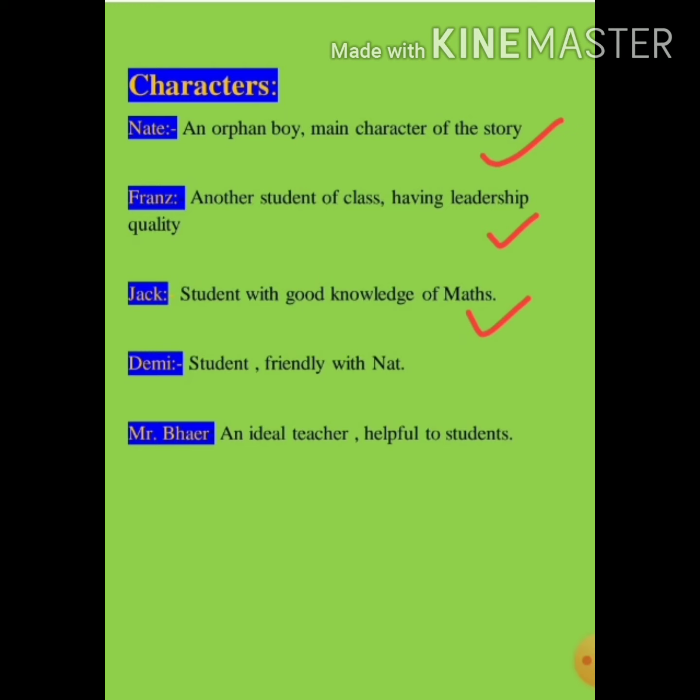Demi is one of the friends of Nat. Okay, the last one, Mr. Bhaya, an ideal teacher, helpful to the students, and he is really an ideal teacher because we will see in the story how he made Nat realize his best.